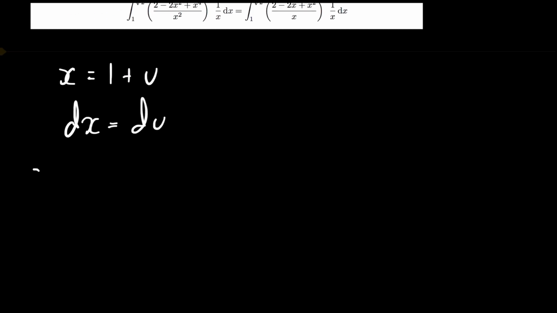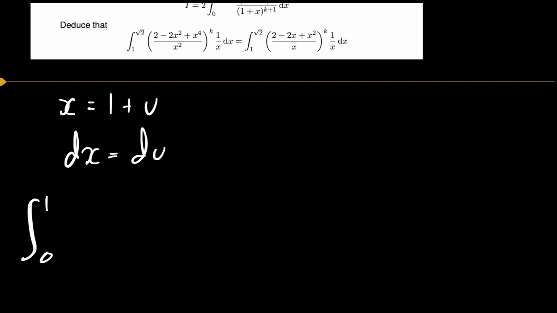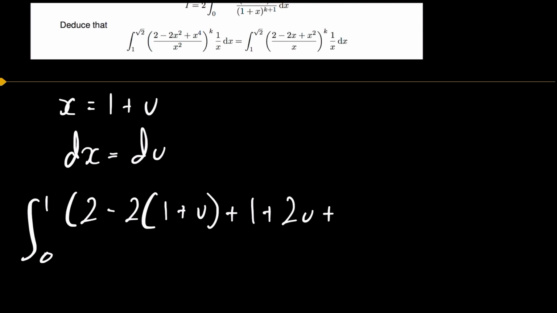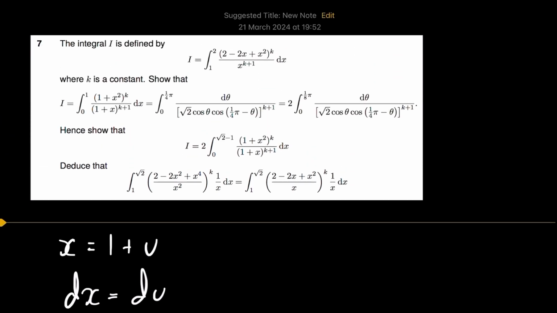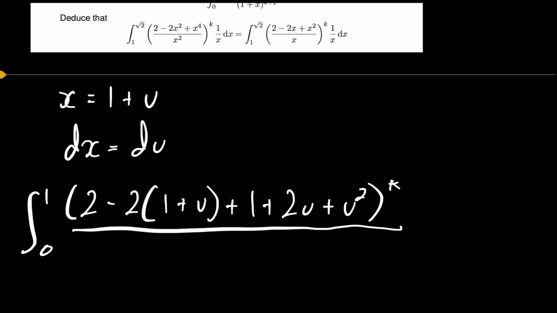So now if we put this in, we have 0 to 1, and then we will have in the numerator 2 minus 2 lots of 1 plus u plus 1 plus 2u plus u squared, to the k in the numerator, and the denominator will have 1 plus u to the k plus 1, and then we'll have du.